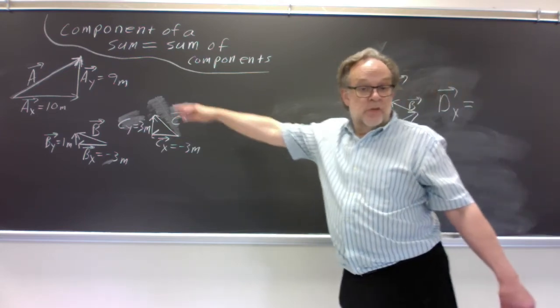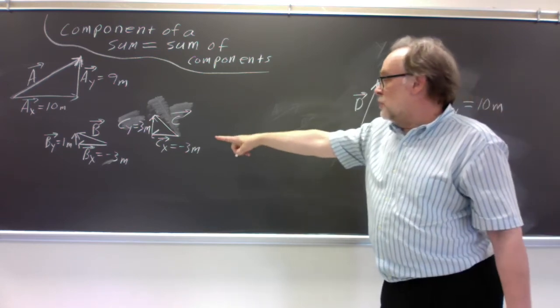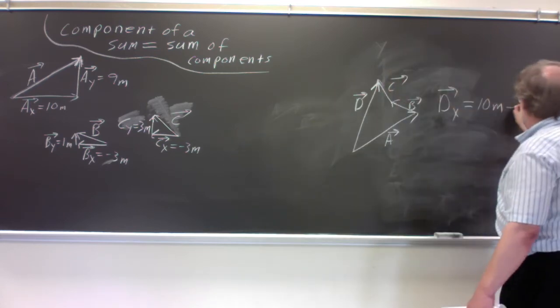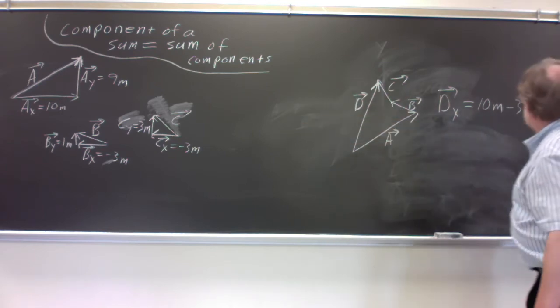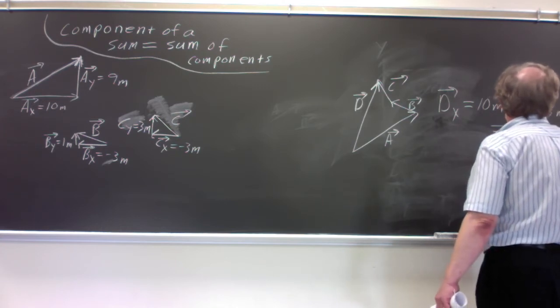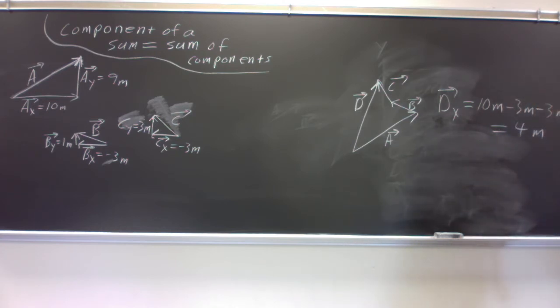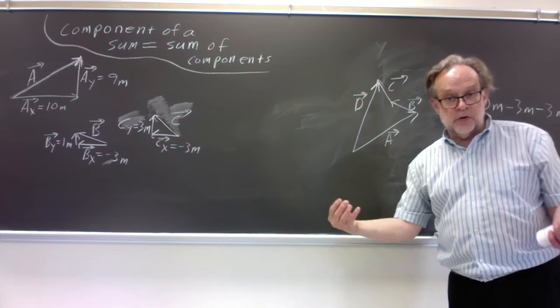So the x component of A is 10 meters. The x component of B is minus 3 meters. And the x component of C is minus 3 meters. So the x component of D turns out to be 4 meters.